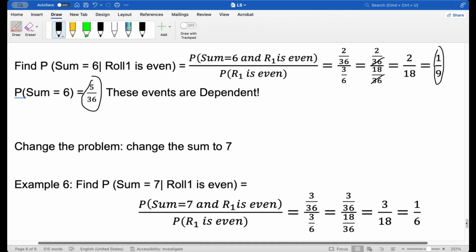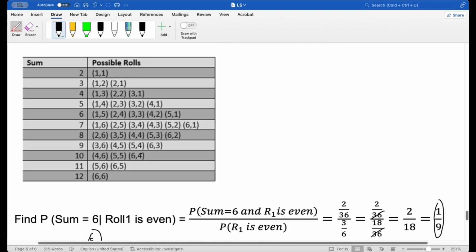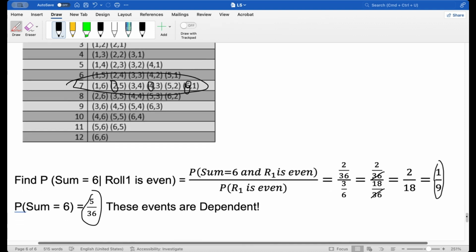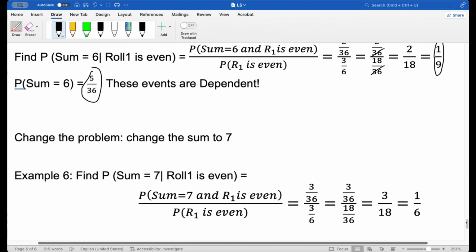The probability that roll 1 is even is still 3 out of 6, or 18 out of 36. Now we want the sum to be 7 and roll 1 to be even. There are 6 ways for the sum to be 7, and of those, exactly 3 start with an even number. So that probability is 3 out of 36.